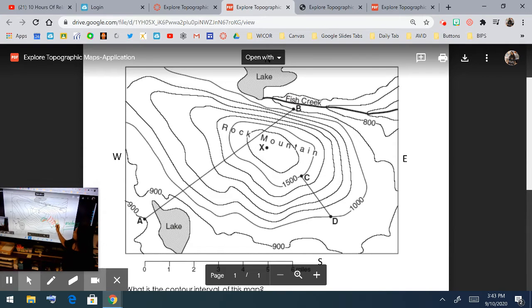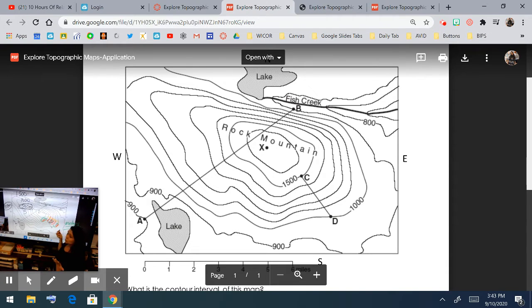So if you go 1, 2, 3, 4, 5 spaces, then what you do is you take 1,500 minus 1,000 equals 500 meters. And then you see how many spaces there were. So we already said there's 1, 2, 3, 4, 5 spaces. So then you take 500 and you divide it by 5, which gives you 100 meters. So the contour interval is 100 meters.